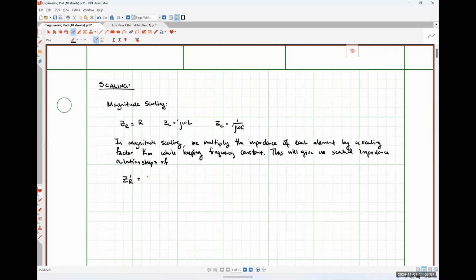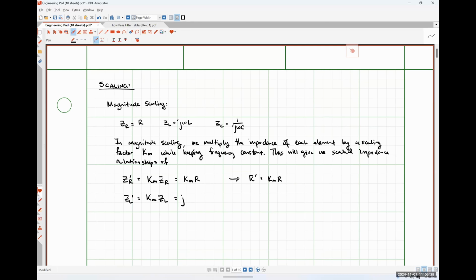So this is simply going to be Km times our resistor impedance ZR, or just Km times R. And so essentially our scaled resistor value is just Km times R itself. For an inductance, we'll have ZL prime, our scaled inductor impedance, is Km times ZL.